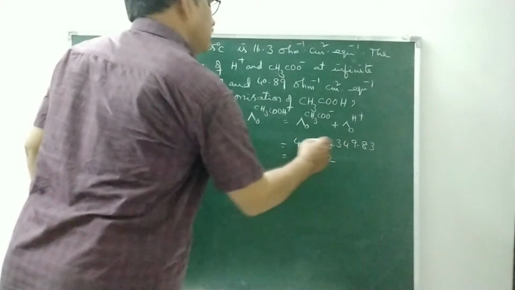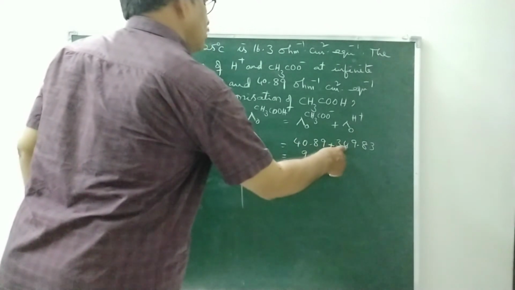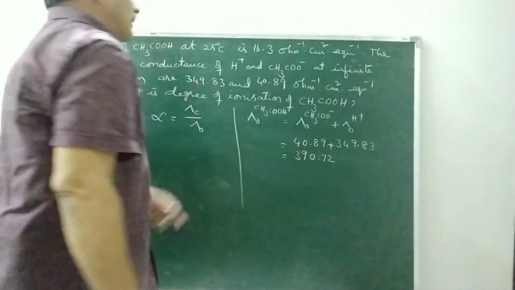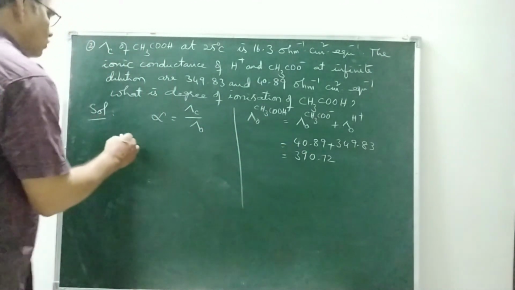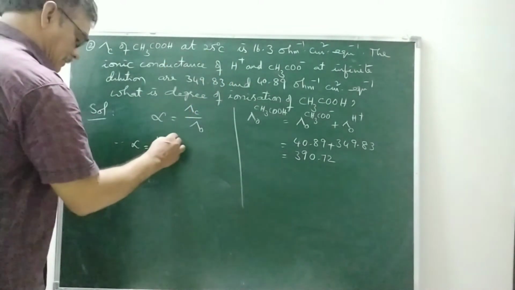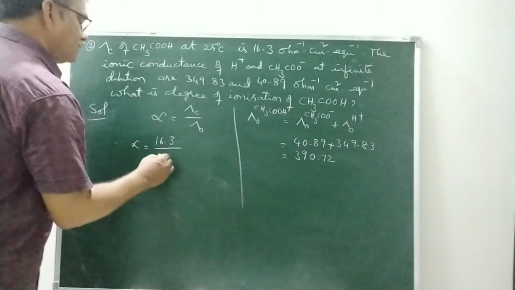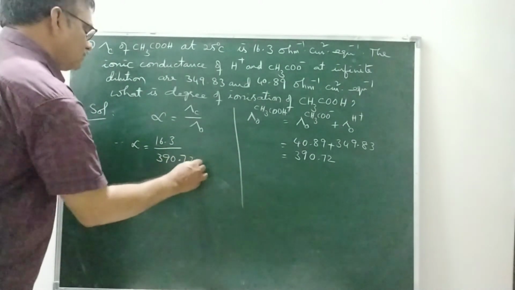So lambda naught value is 390.72. Therefore, alpha is equal to lambda C, 16.3, by lambda naught value, 390.72.